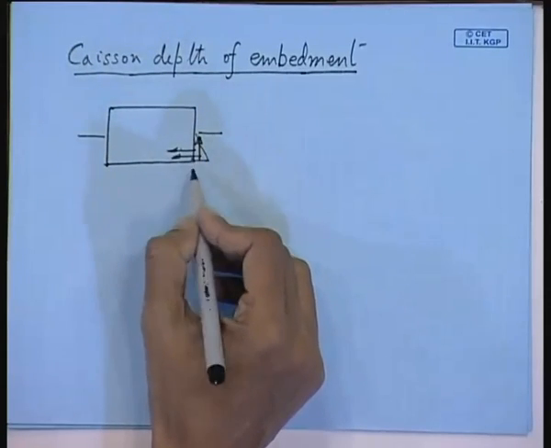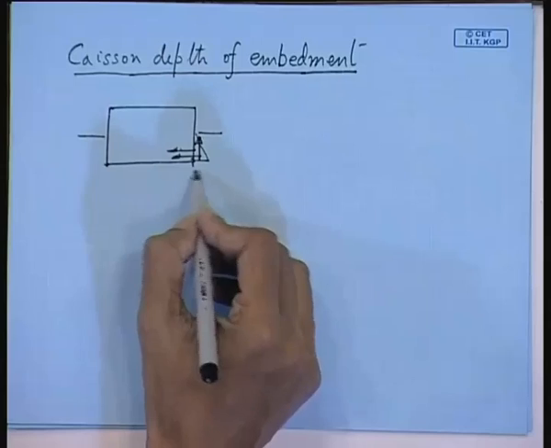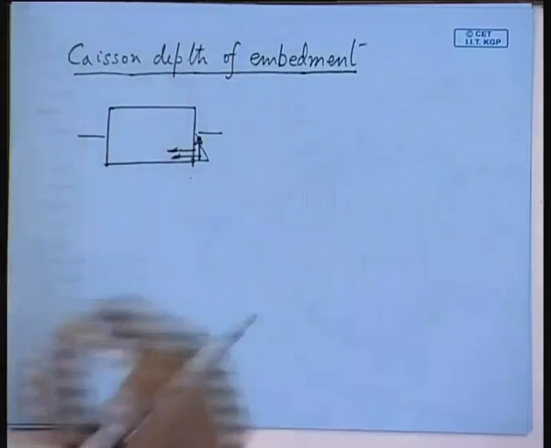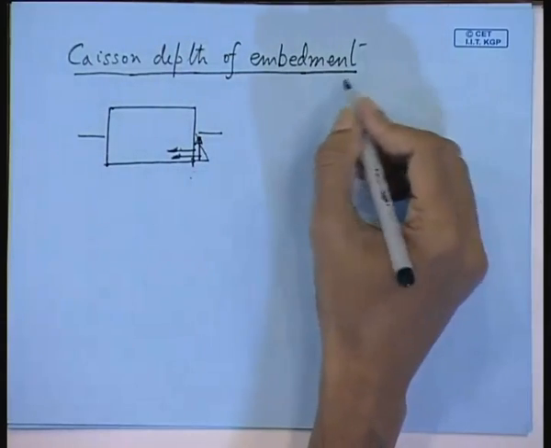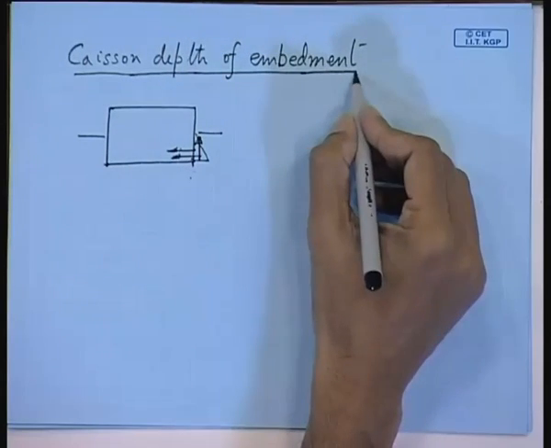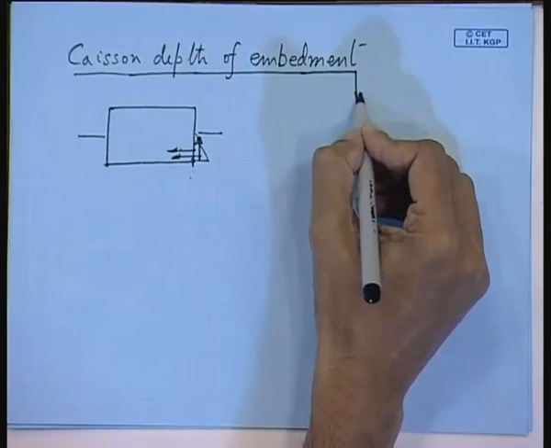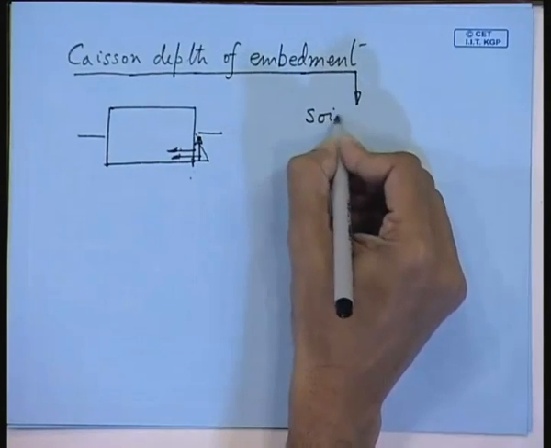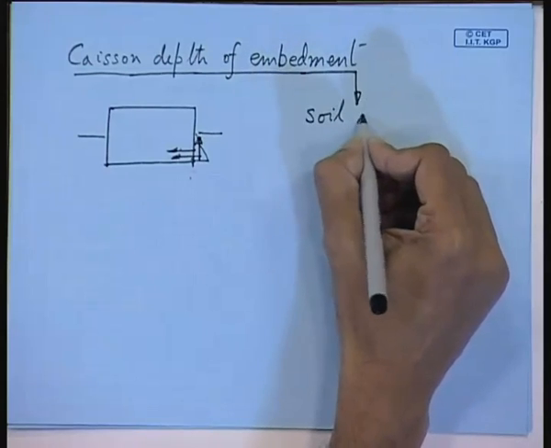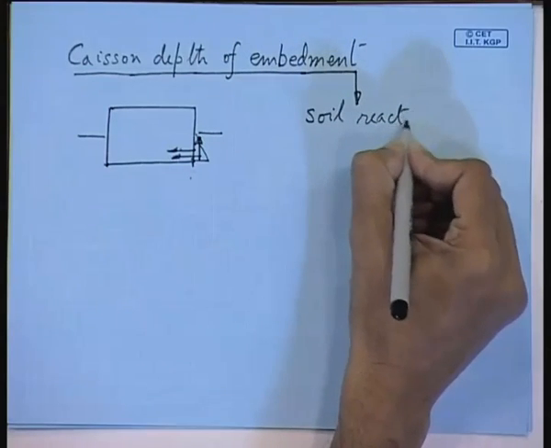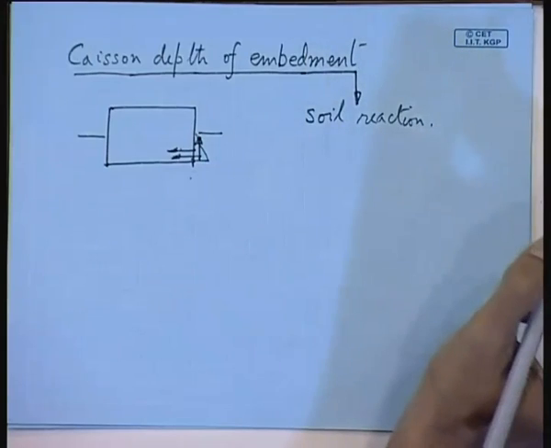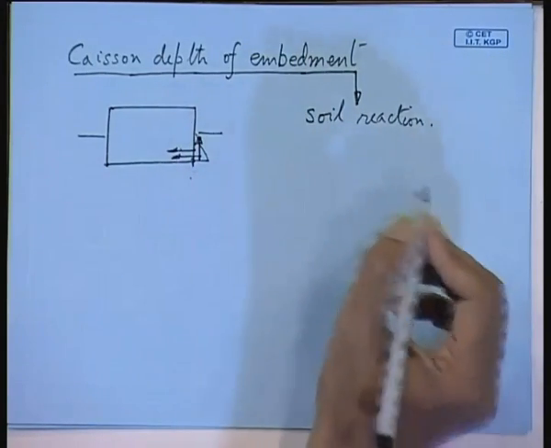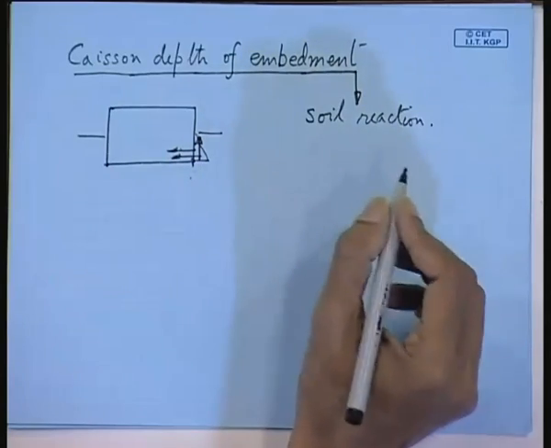So, the larger the amount of embedment, the larger will be the reaction from the soil. So, Caisson depth of embedment you calculate from soil reaction. Now, this has to be done, otherwise the whole structure is going to topple and slide.